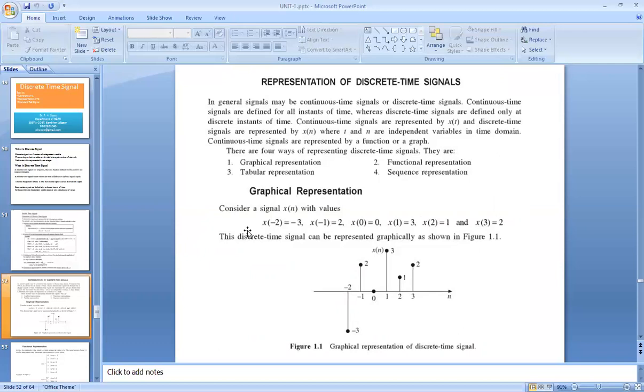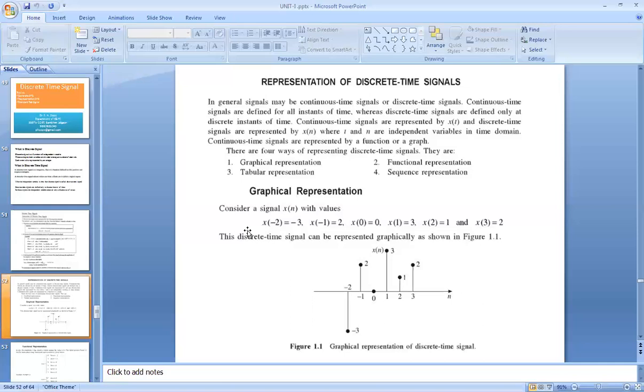So, in terms of continuous time signal, the signal is represented by a function or a graph. Now, when we are going for representing the discrete time signal, there are four ways. First one is graphical representation, second is functional representation, third is tabular representation, and fourth one is sequence representation.